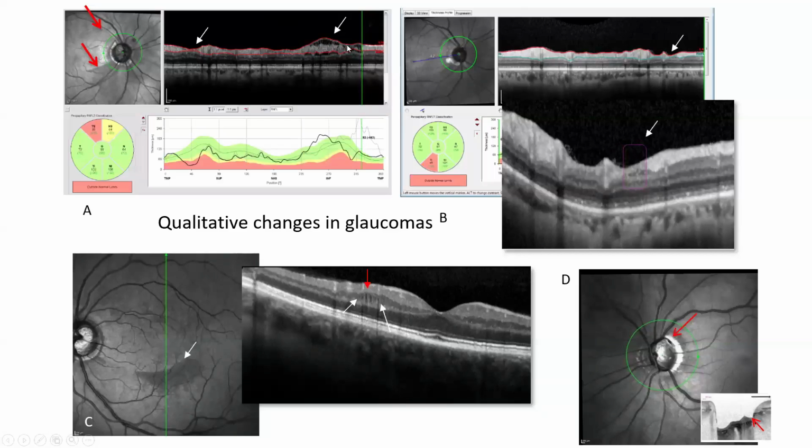You have a Swiss cheese-like change of the diseased retinal nerve fiber layer, which can cause an artificial thickening. We have, of course, the thinning of the nerve fiber layer, and when you look a little bit closer, you will realize that also the reflectivity is lost in these diseased areas.